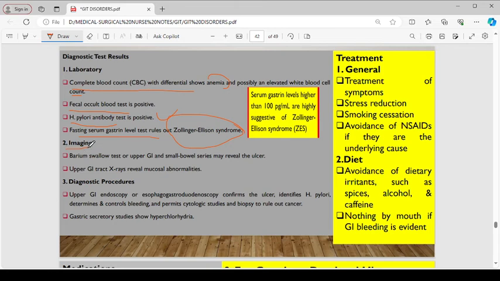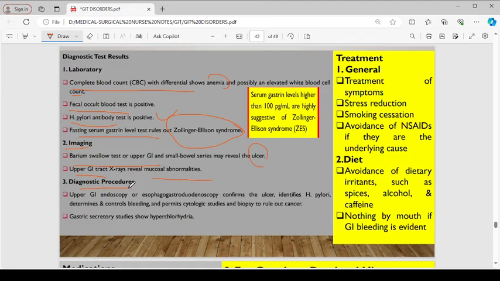In terms of imaging, we could do a barium swallow test or upper GI or small bowel series, which may reveal an ulcer, or upper GI tract X-ray, which may reveal mucosal abnormalities.